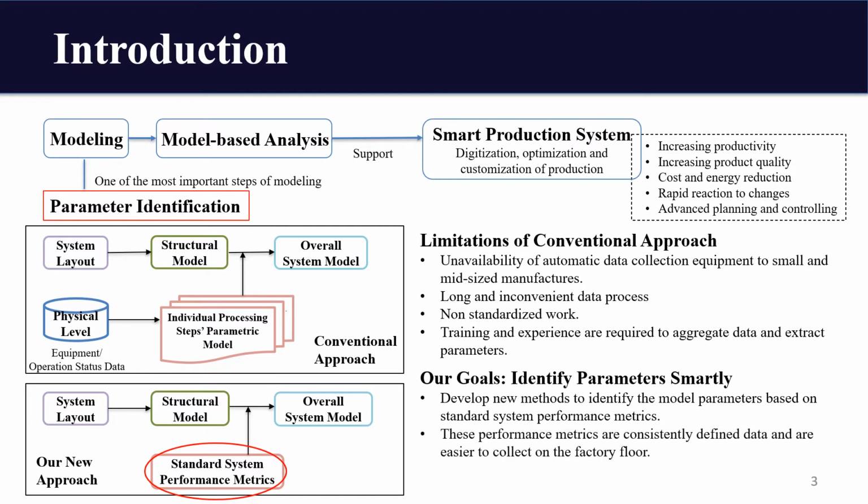Moreover, this new approach is much more efficient and convenient because performance metrics data is very easy to collect on the factory floor in a short time, and they are commonly used and easy to understand. In addition, the users just need to give the performance metrics as an input, and then we will obtain the machine parameters as output without doing anything else. So everyone at different knowledge levels can handle it easily.